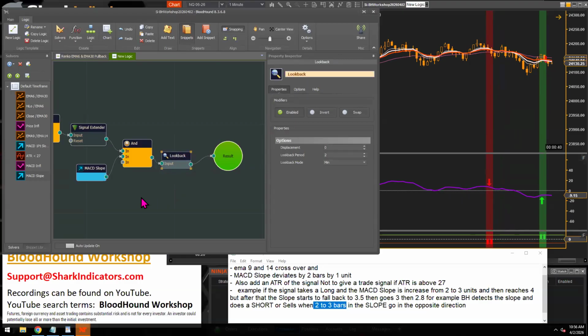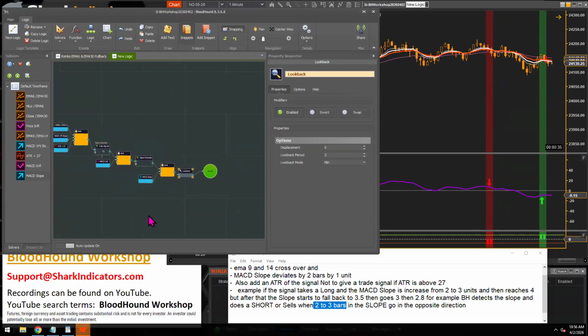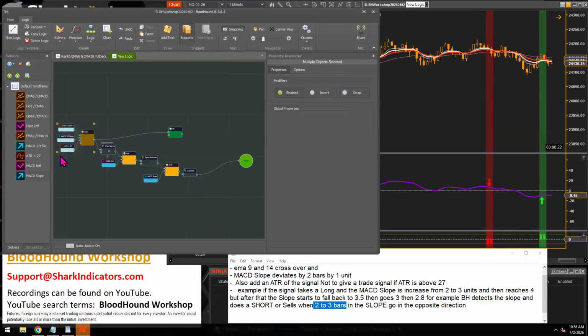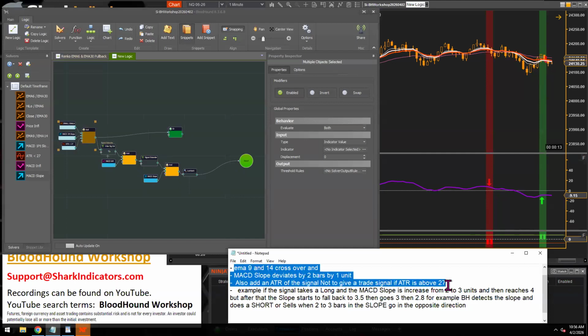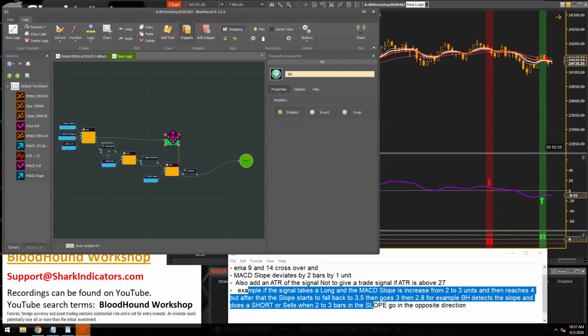Now, in order to see both, here's a little trick. In order to see the first indicator conditions here, which sets up the signal with the direction of the market, I guess, prior to getting this reversal signal, we can use this OR node here.